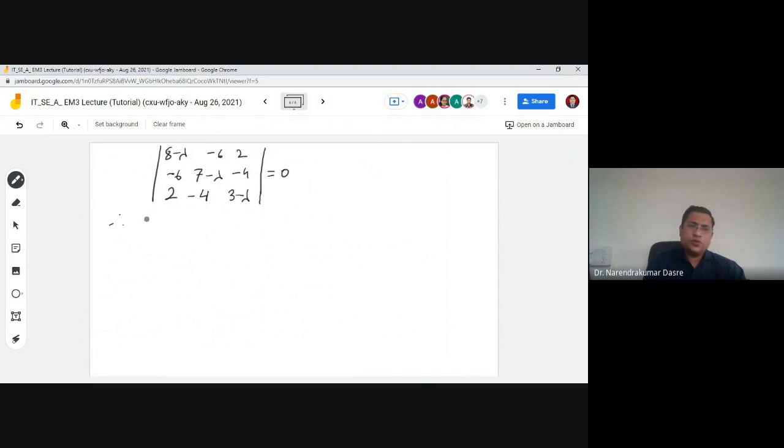So we have here lambda cube minus 18 lambda square plus, what are the minors we have here?